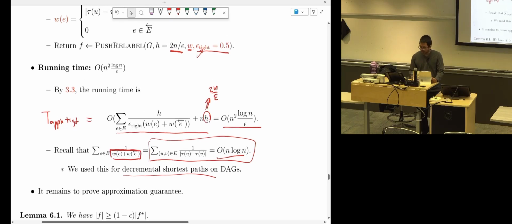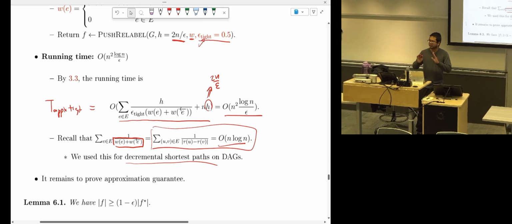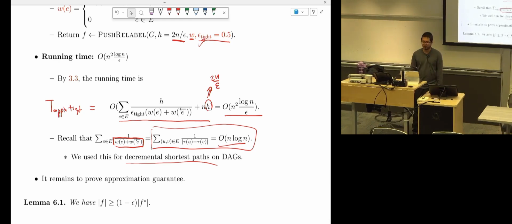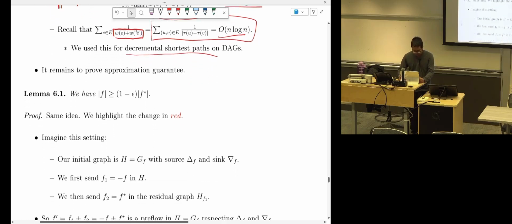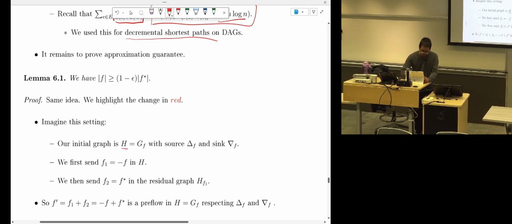But let me just tell you why the approximation is good. The proof is basically the same, except one thing. I have a flow f, and I look at f1, which is the reverse of minus f, and f2, which is f star.